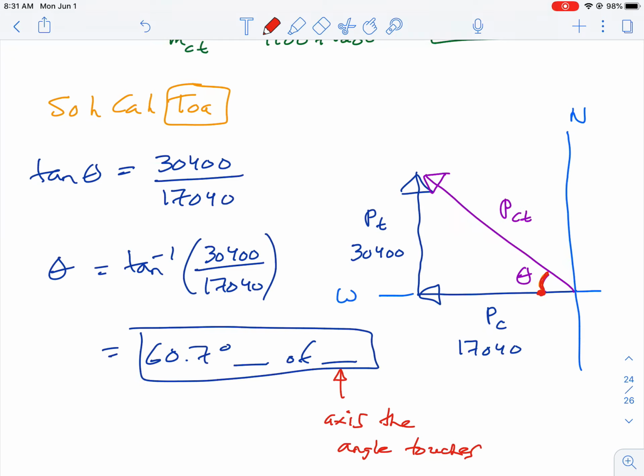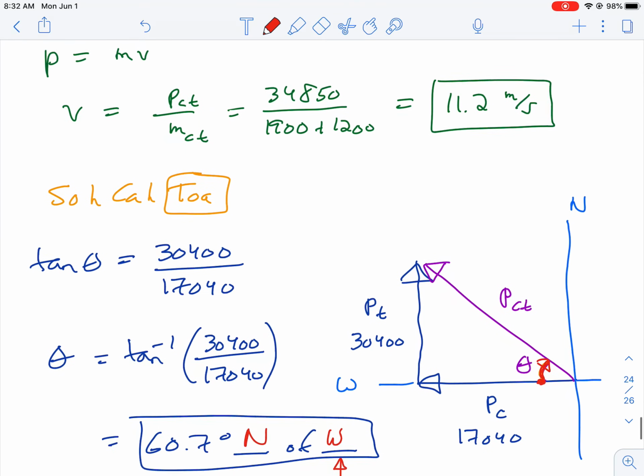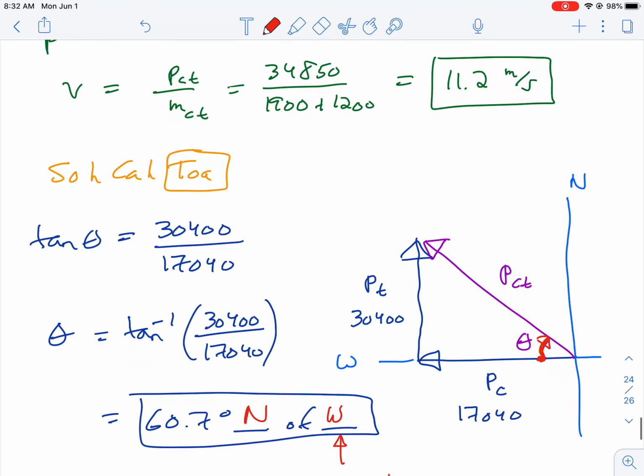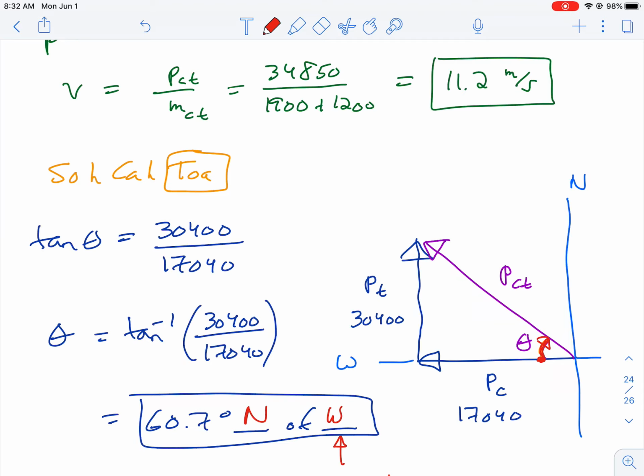Therefore, west is the second letter. That's where you're starting. From there, you're going towards the north. So it becomes 60.7 degrees north of west. Good? All right, so there's our direction, there's our magnitude, and we've completed our answer.